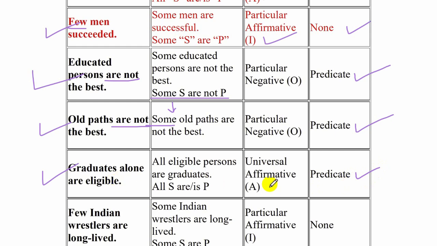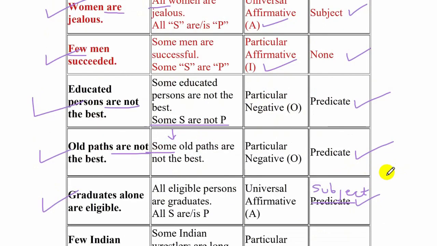In A type, is subject distributed or predicate distributed? Subject is distributed. The technique was DDUU, UD.